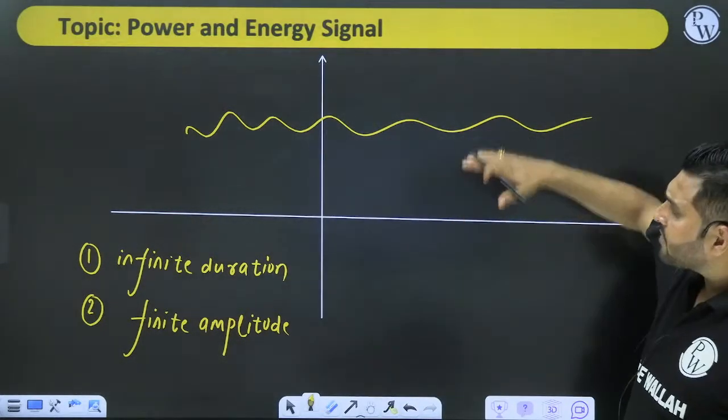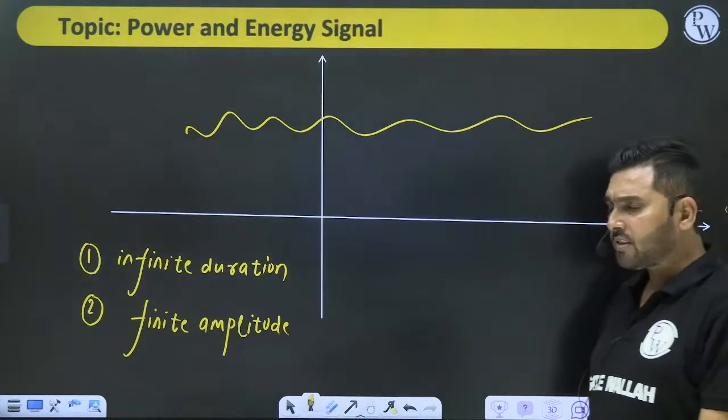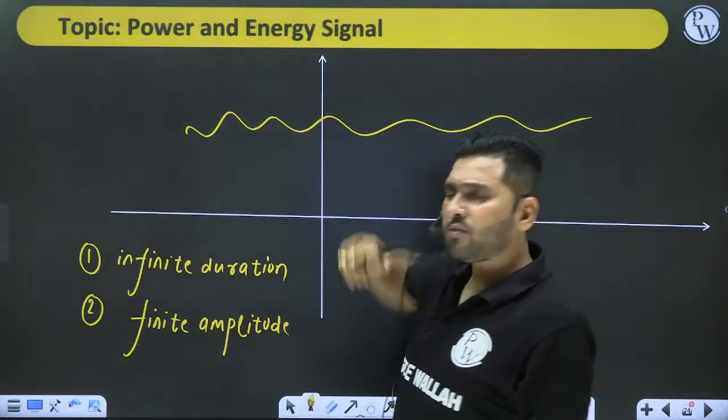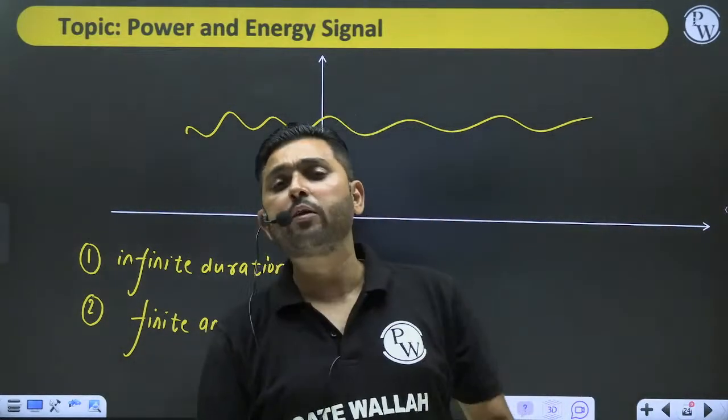Number 1: suppose I am taking a signal which is everlasting, of infinite duration, and the amplitude is finite. The amplitude is not equal to infinity.